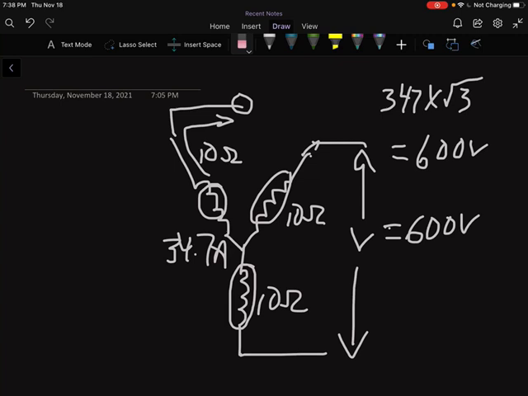And if we were to look at it just as a resistive circuit, obviously there's no power factor involved, so we don't have to worry about that if it's purely resistive. But we need to look at what the difference is between a single phase power supply and a three-phase power supply.